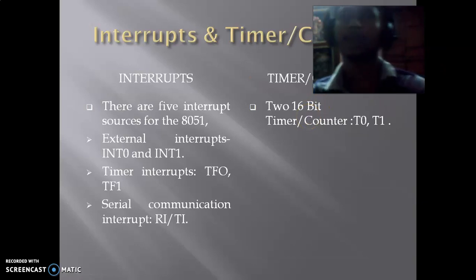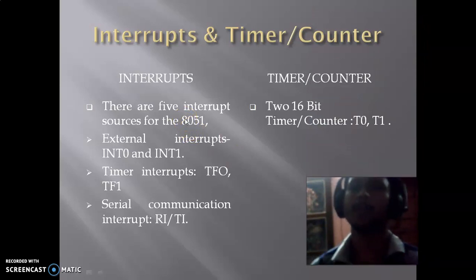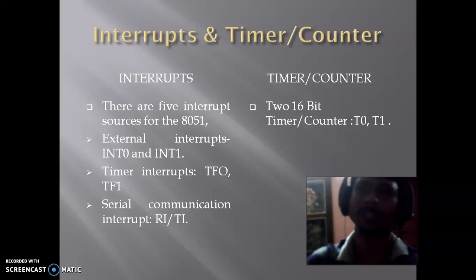Next part is the interrupts and timer counter. The 8051 microcontroller has 5 interrupts: external interrupts INT0 and INT1, timer interrupts TF0 and TF1, and the serial communication interrupt RI and TI. The interrupt procedure is that whenever the microprocessor is performing a program or task, if a peripheral device tries to perform a task using the 8051 microcontroller, it sends an interrupt request through the external interrupt lines INT0 and INT1.